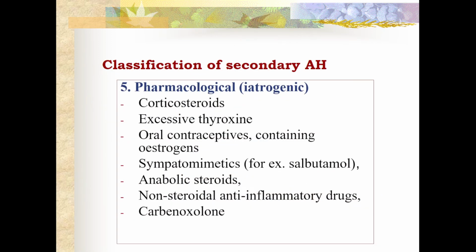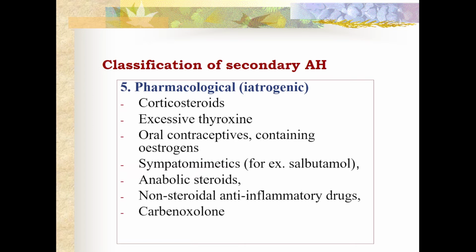Iatrogenic, pharmacological reasons of secondary arterial hypertension associated with usage of medicines. Some drugs, such as corticosteroids, non-steroid anti-inflammatory drugs, can cause arterial hypertension.